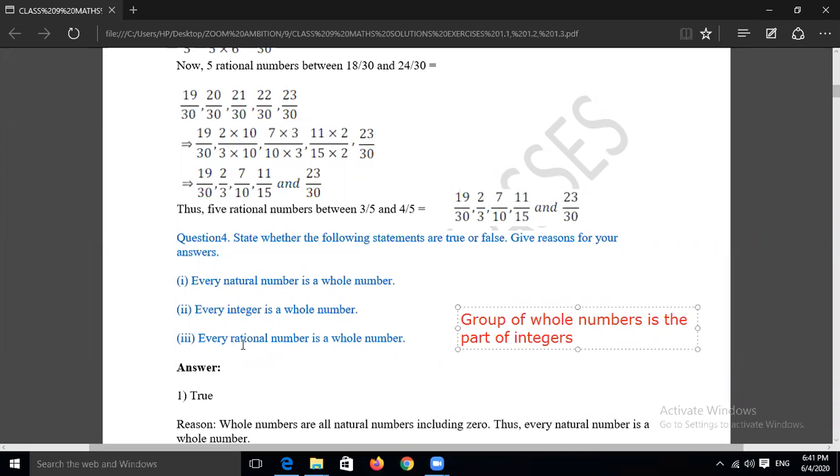So this is just a part, of integers. In this way, we have done all the questions and answers present in exercise 1.1.